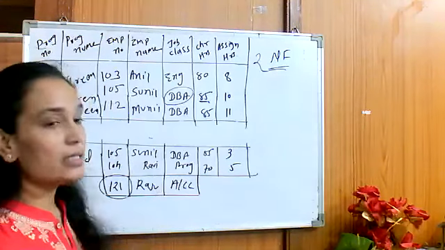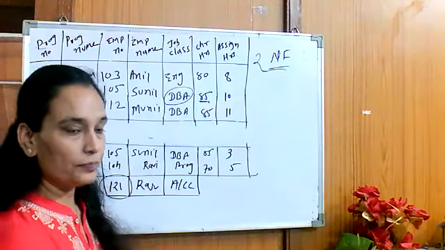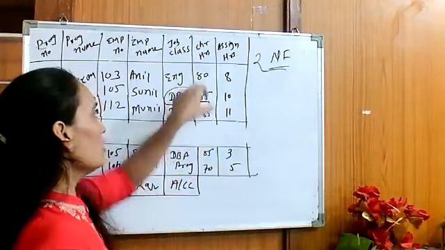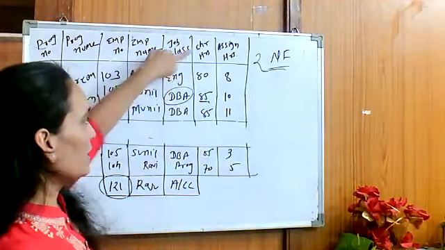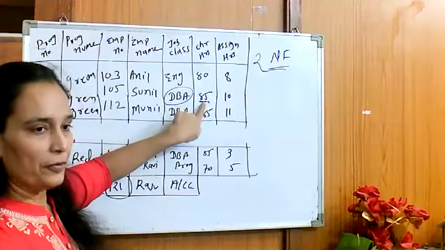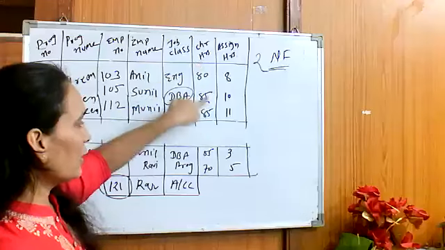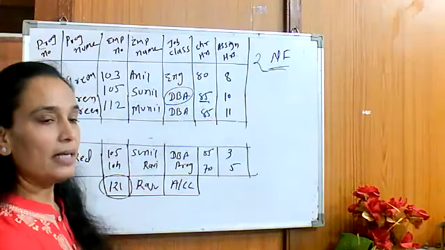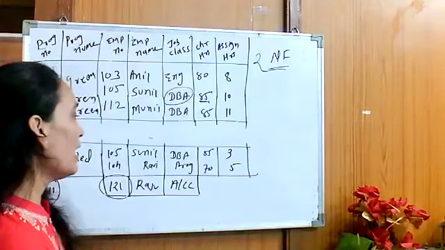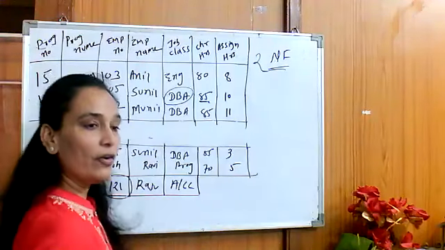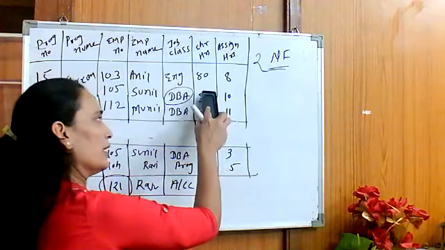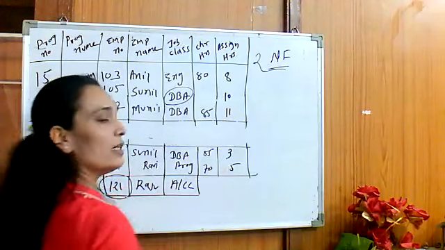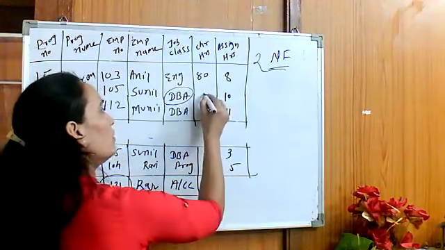Another problem is related to update. For example, now job class DBA and charges per hour is 85. DBA charges per hour is increased. And now DBA will get 90 rupees per hour. Then I have to change each and every place where there is DBA. So I have to change here 90.